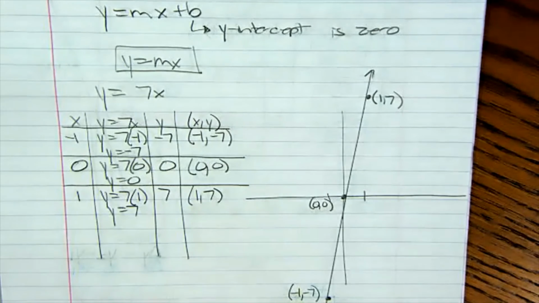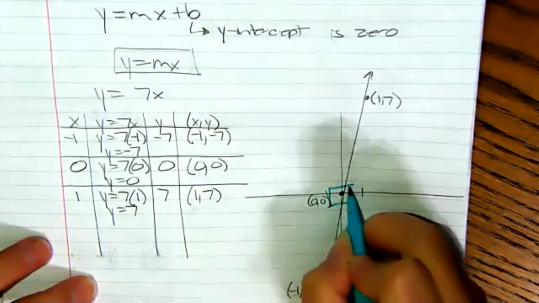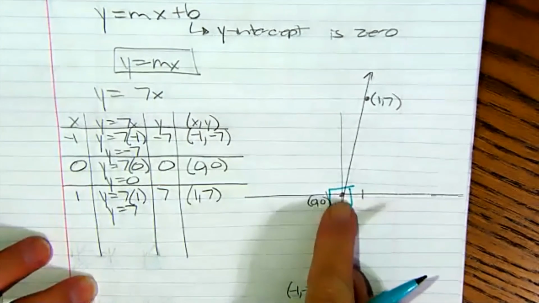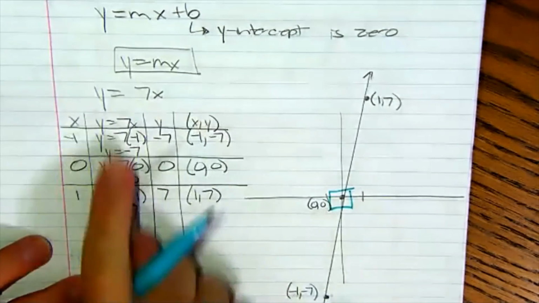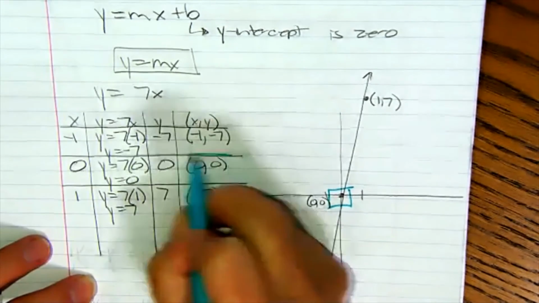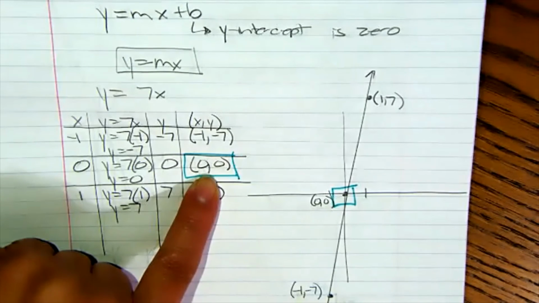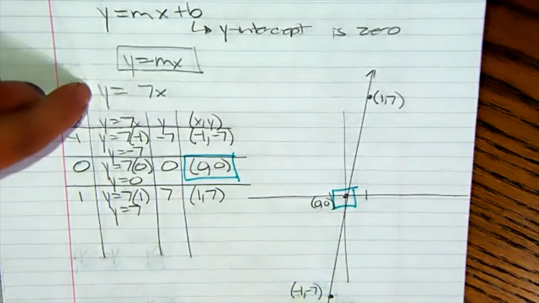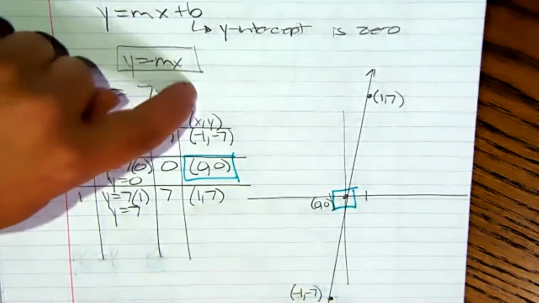How do I know that this is proportional? There's lots of ways. Number one, it passes through my origin. When I created my table to find my ordered pairs, I had the origin 0, 0. And in the equation, I can't see plus 0.